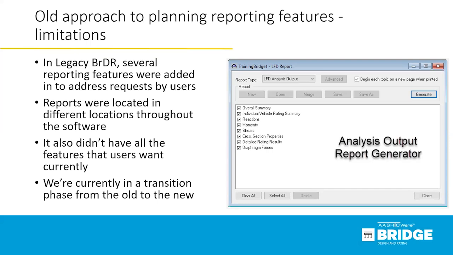And the reports were located throughout the software. If you wanted the input report, you would go in one spot. If you wanted to get what the moments or the forces are, you'd go into another area. And if you wanted the engine output, you'd have to go somewhere else. It wasn't convenient. It also didn't have all the features that the users wanted.